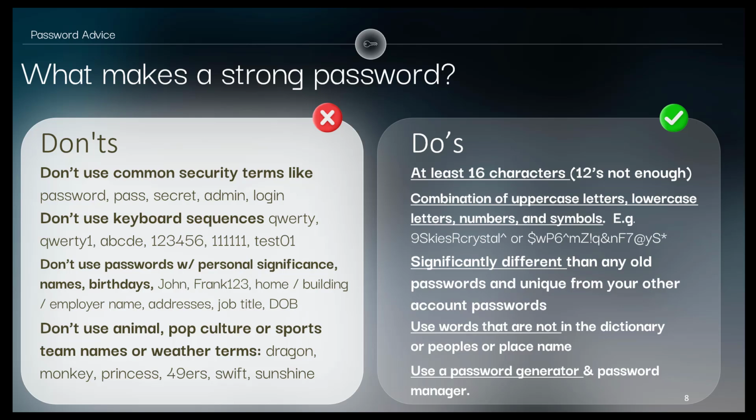Next, avoid number, alphabet, or keyboard sequences like ABCD, 1234, 1111, or QWERTY anywhere in the password. So pass1234 or secret1111 would be examples of this. Then they advise not to use names, birthdays, years, or place names.